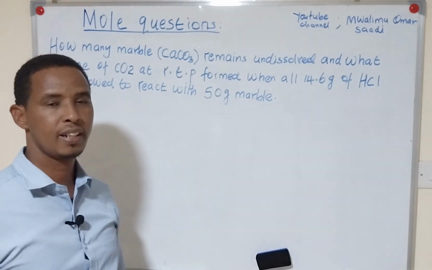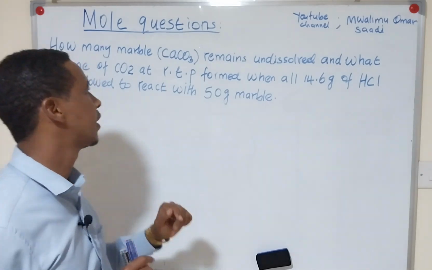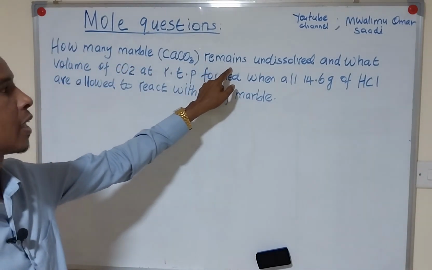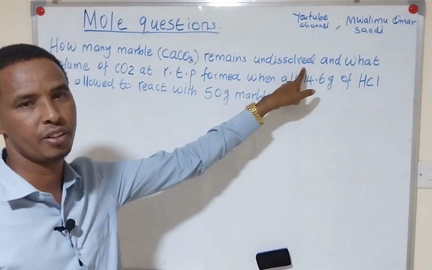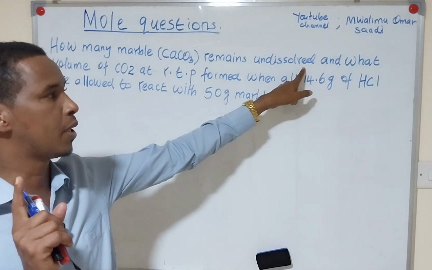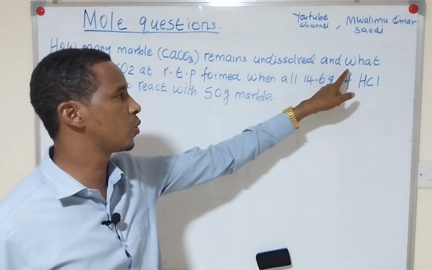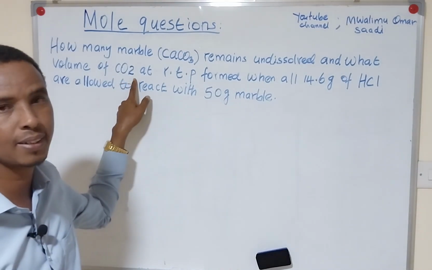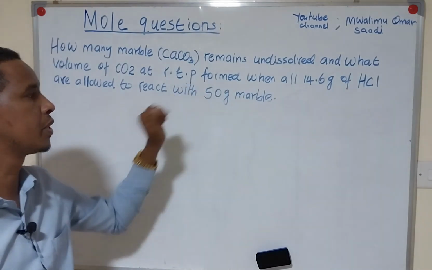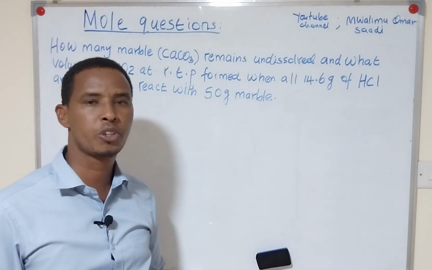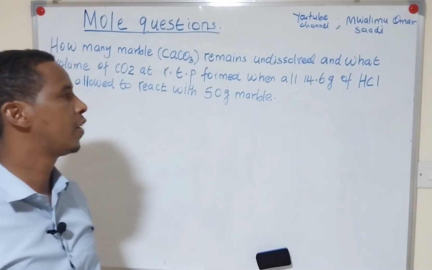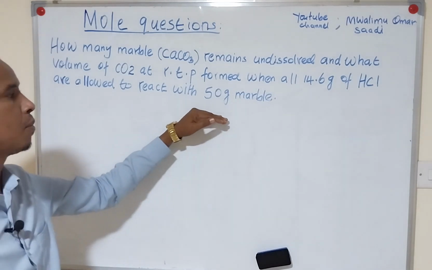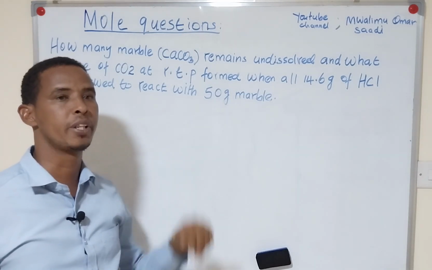This question asks two things. Part one: how many marble chips remain undissolved. Part two: what volume of CO2 gas at RTP is formed when 14.6 grams of HCl react with 50 grams of calcium carbonate.